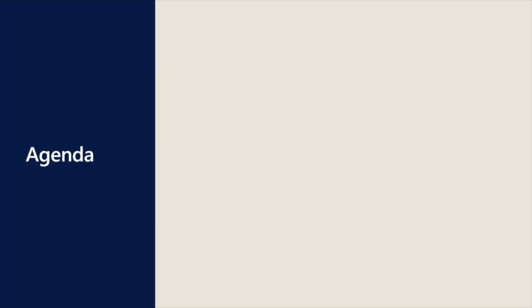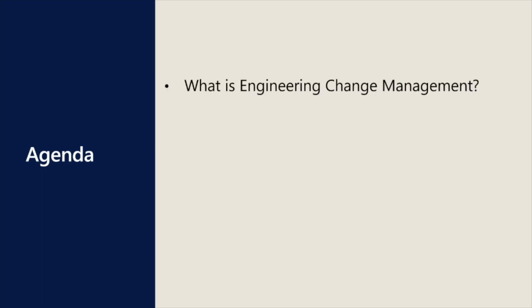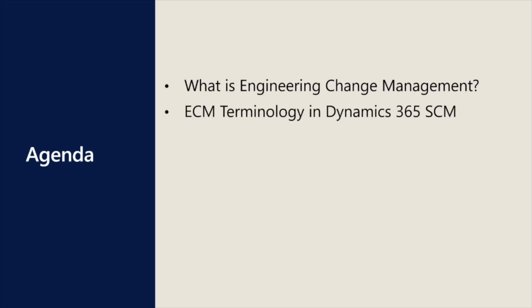Let's do a quick walkthrough of our agenda for today's session. We will start off by reviewing what engineering change management is and how businesses use the functionality to support product processes. Then we're going to hand it over to Hiren to talk about what the common terminology we use is in Dynamics for ECM, which we'll reference throughout the rest of the series.